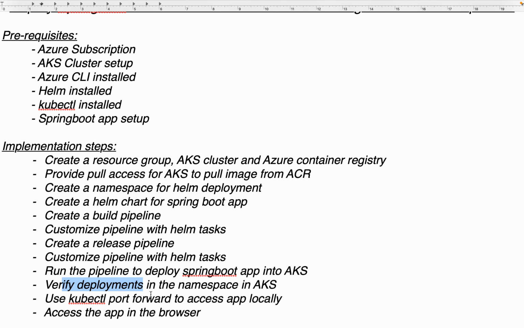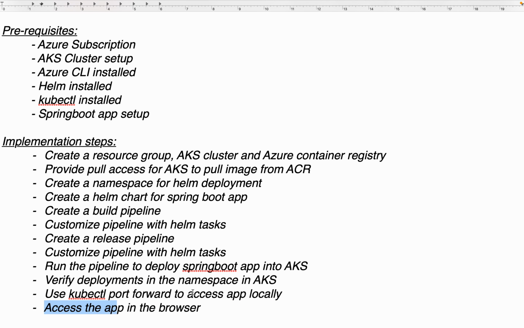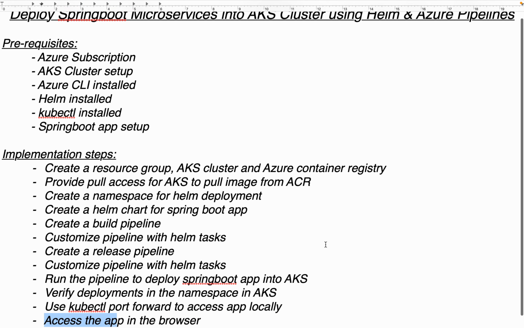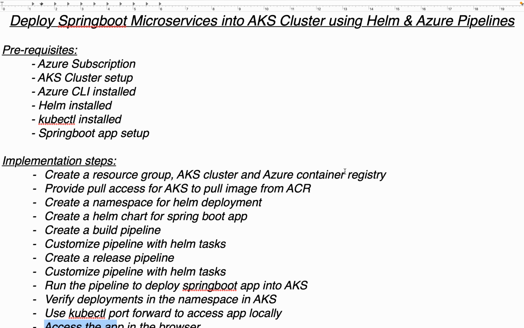And then we will use kubectl port-forward in order to access the application locally. And then finally, we will try to access the Spring Boot application in the browser. So yes, we are trying to do all of this, so let's try to achieve this one by one. This will be a little bit of a long demo, but I will try my level best to make it the best it can be.